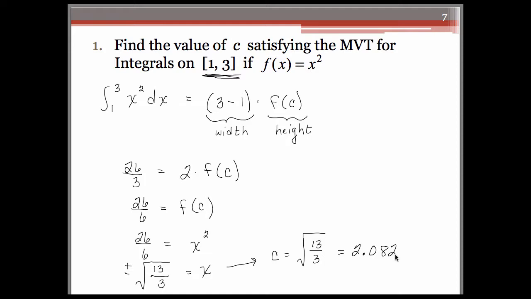All right, so let's draw a picture of what this would look like so you can get a better visualization of what we just did. Let's see how good of a picture I can draw. So I need an x squared graph.